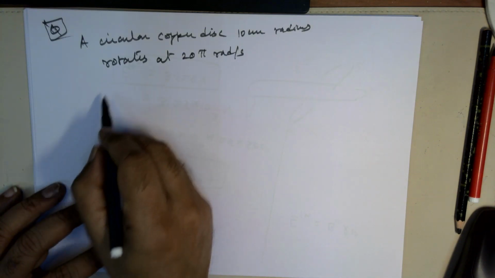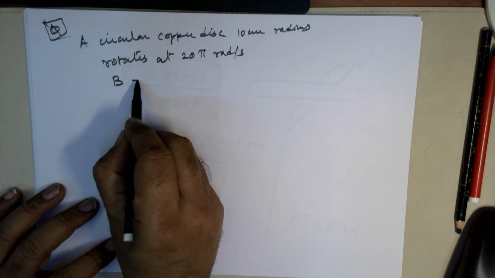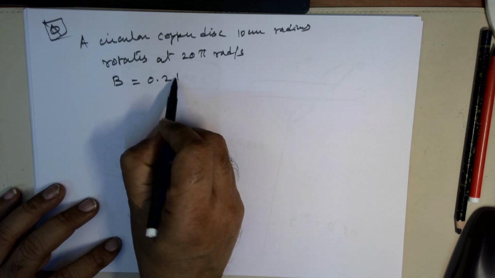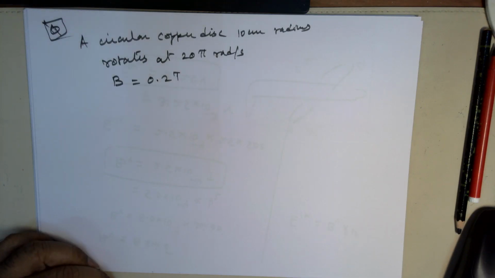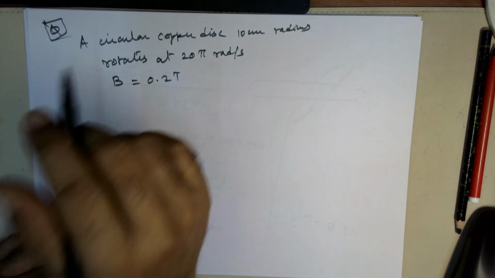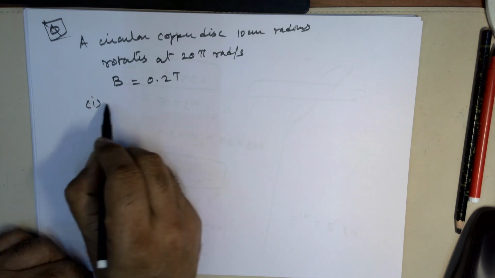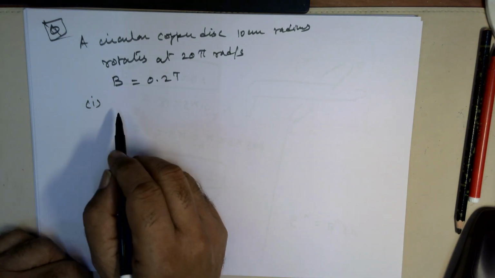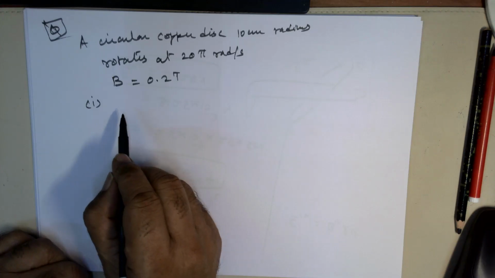A uniform magnetic field of 0.2 Tesla acts perpendicular to the disc.